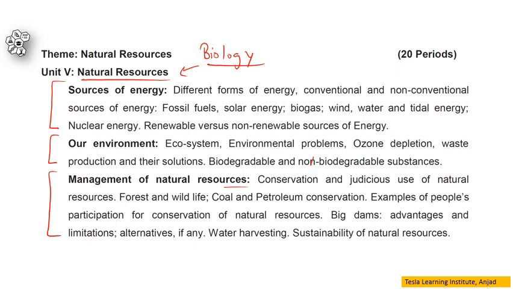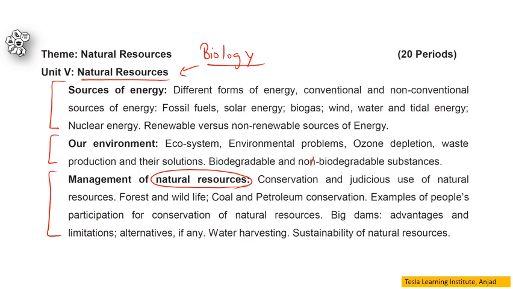our natural resources. What are natural resources? The resources which are naturally occurring on the planet, and we are using those resources and converting them into something useful for us. Like you have your devices, you have your pen, you have your book, you have your copies, notebooks.